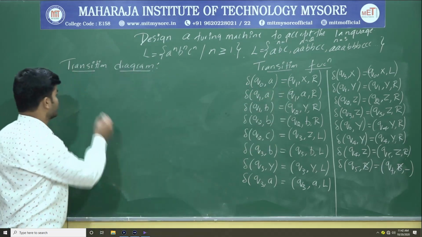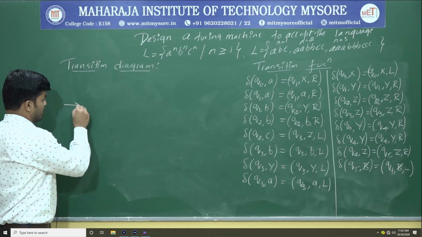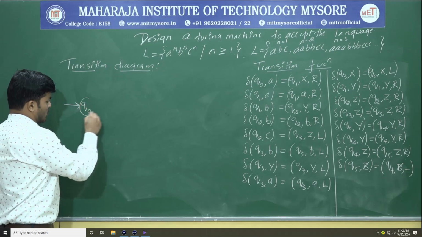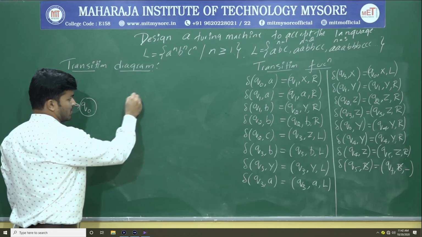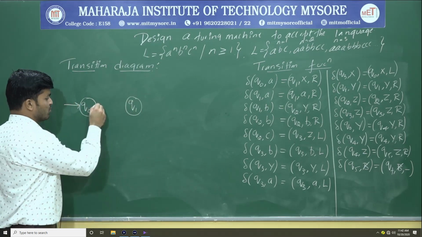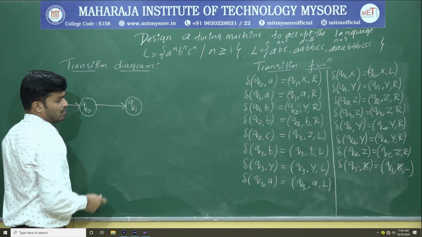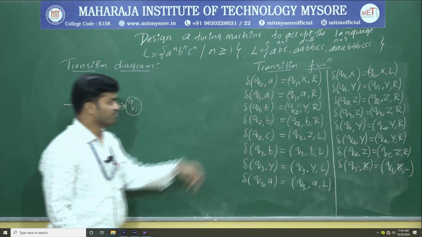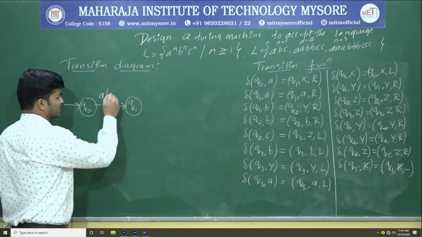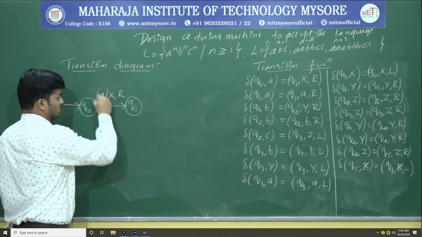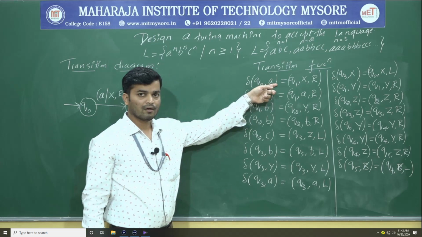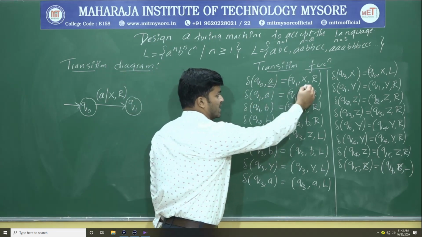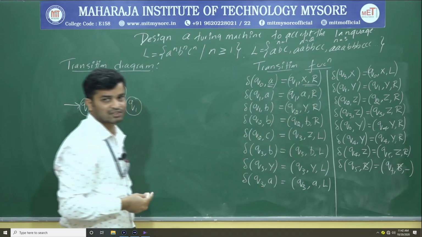So write two states, one is Q0 and another one is Q1, and connect these two using an arrow. Now you write A first, A slash X comma R. On the left-hand side you write this part, and on the right-hand side you write this part after writing the slash.